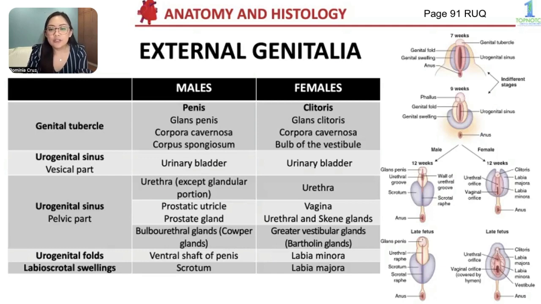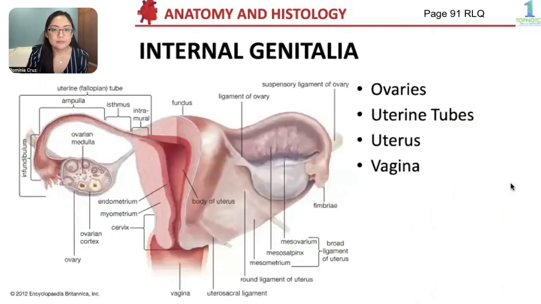Your labioscrotal swelling, yung unfused parts would become the labia majora, while the fused parts would form the anterior and the posterior labial commissures and the mons pubis above. The external genitalia in females is completed earlier than males at around 11 weeks age of gestation. And this is the summary table of the homologous structures in your males and your females.